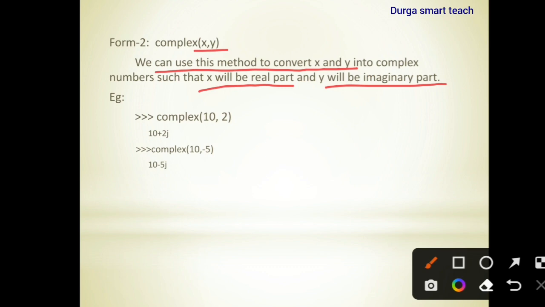See these examples. Complex of 10 comma 2: 10 is the real part, 2j is the imaginary part. Next, complex of 10 comma minus 5: 10 minus 5j. 10 is the real part, minus 5 is the imaginary part. In this way we can convert any type to complex type.